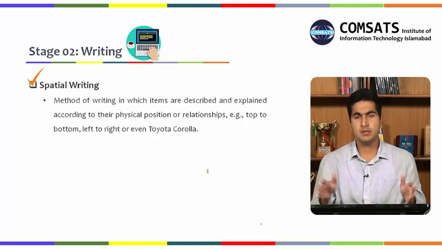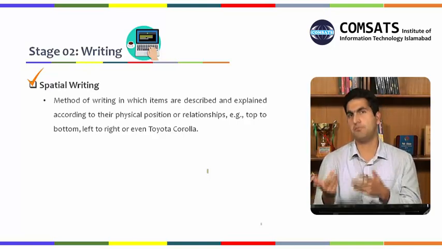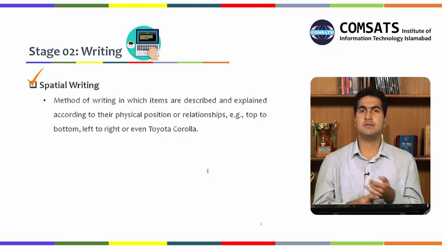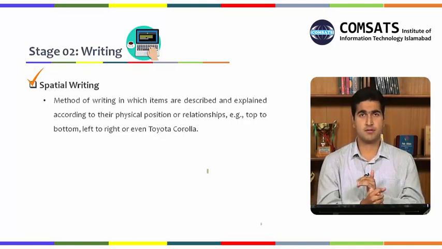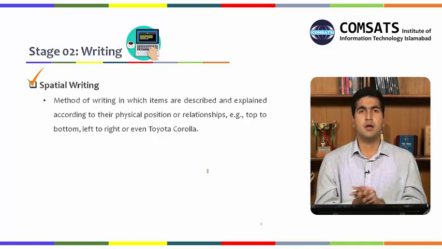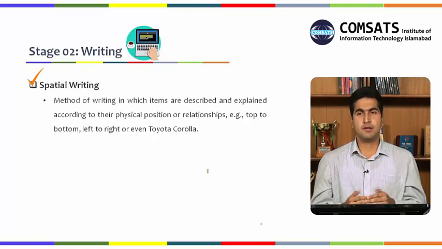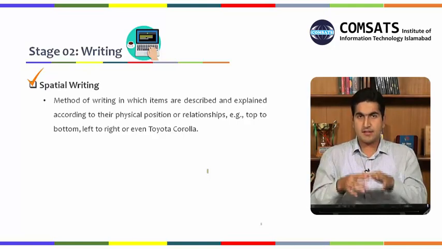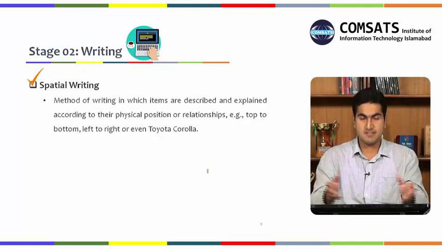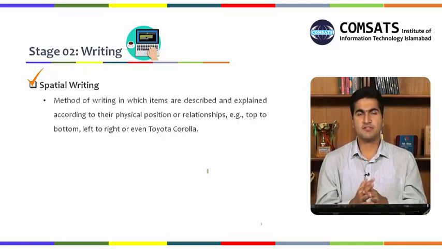Spatial is basically from space; the other one is from time, which we have just discussed. So this one refers to looking at things as they are and defining them from their physical appearance. And this is the form of writing, as referred to earlier, used for providing some technical description.